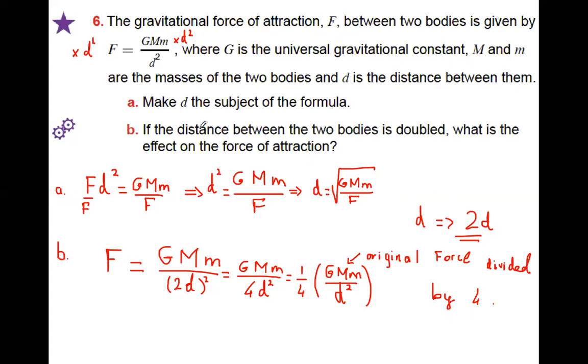If you've got two planets, for example, the further apart those two planets are, the less force of attraction you get between them. If you speak to people looking at planets and how they go around each other, the closer you have two bodies, the stronger the force of attraction between them will be.